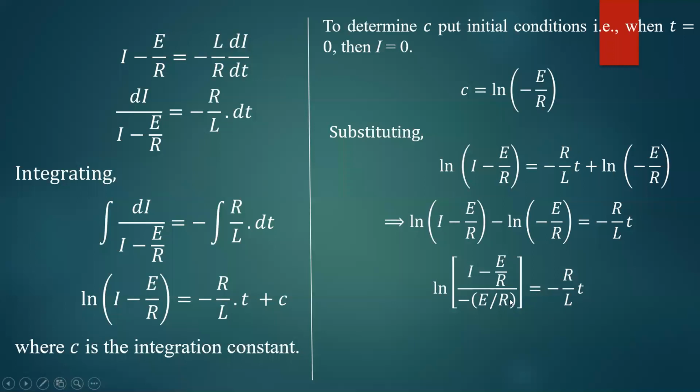L into t. So take R as the LCM, you will get (IR minus E) divided by (minus E by R). R gets cancelled.